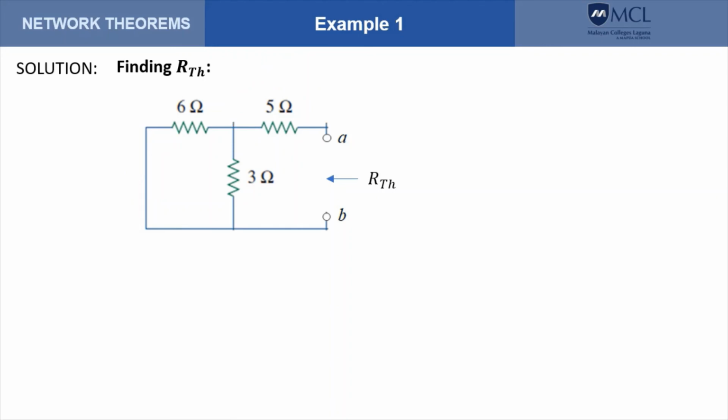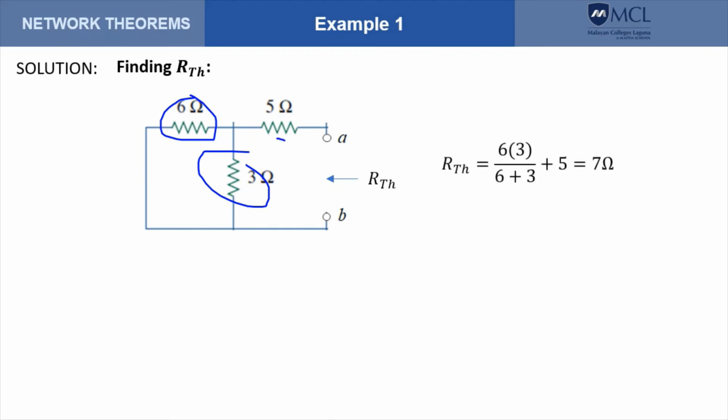And then from the open terminals, we compute for the resistance looking through the open terminals. We notice that there are no dependent sources, so therefore we could apply case 1 in finding the resistance. So these two resistances are in parallel, and the combination is in series with this resistance.